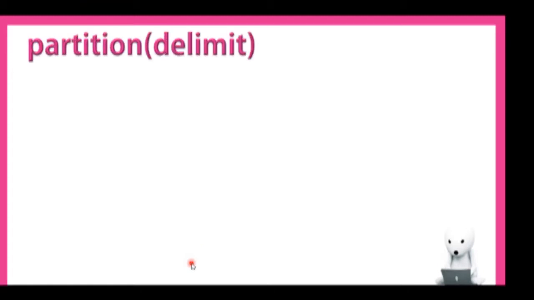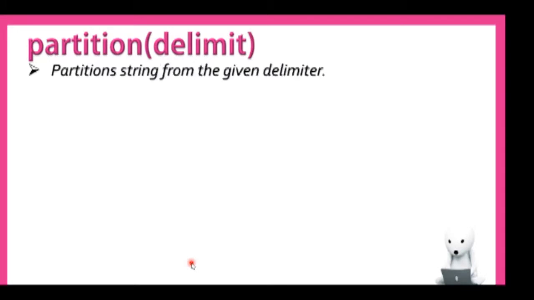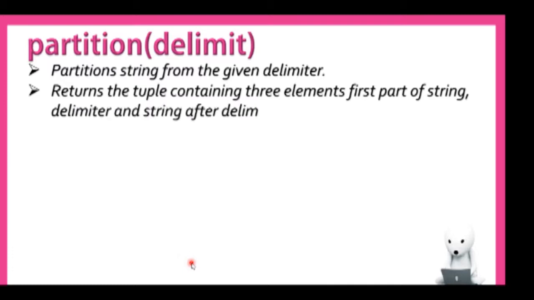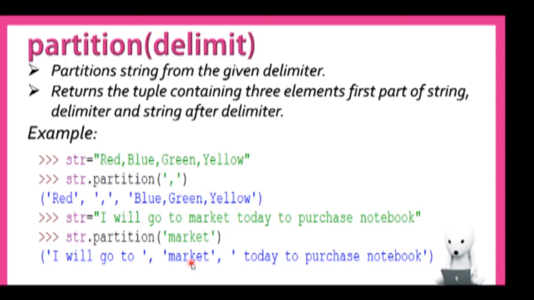Next, partition. Partitions a string from the given delimiter. It returns the tuple containing 3 elements: first part of the string, then delimiter as the second part, and string after delimiter as the third element. Example.